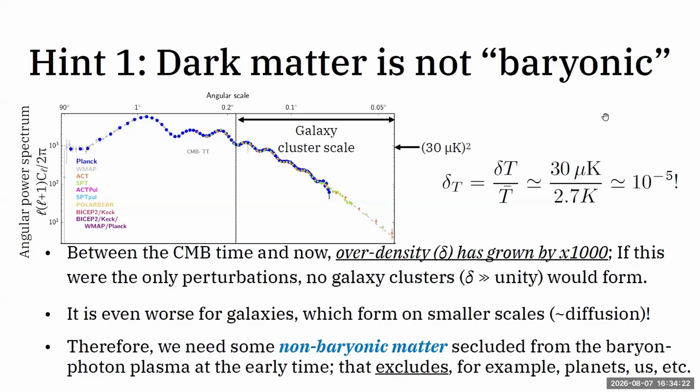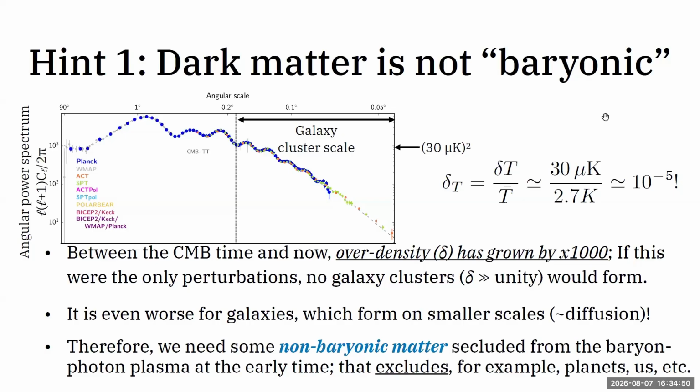If this is all we have as a fluctuation, on the galaxy cluster scale we only have delta rho over rho of 1%, which is inconsistent. It means that we cannot form galaxy clusters. So we need to have another source of fluctuation besides the baryon-photon fluid, which is dark matter.